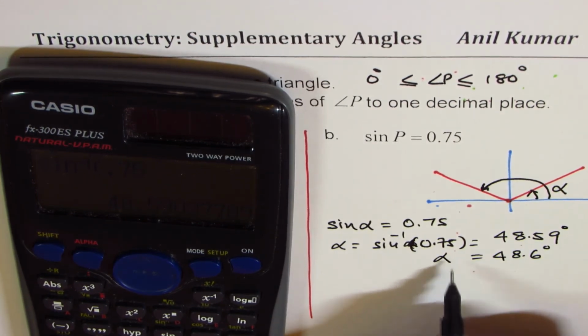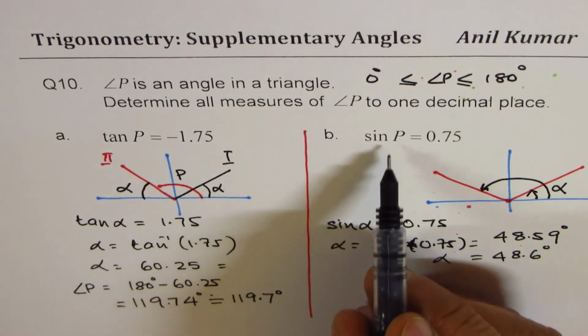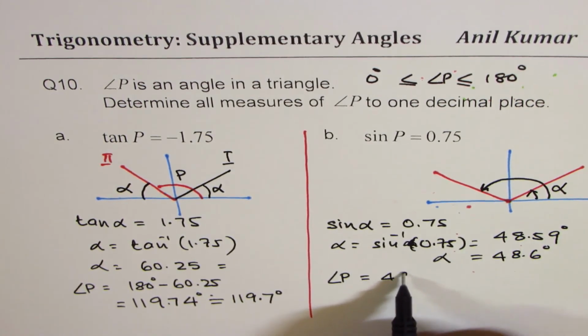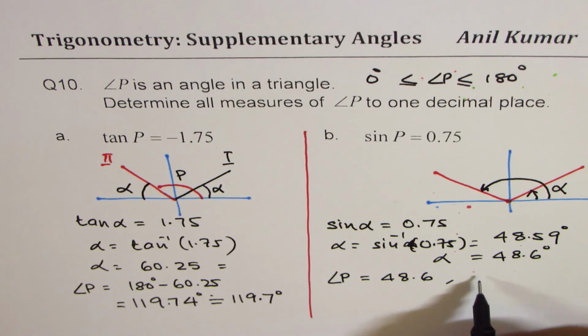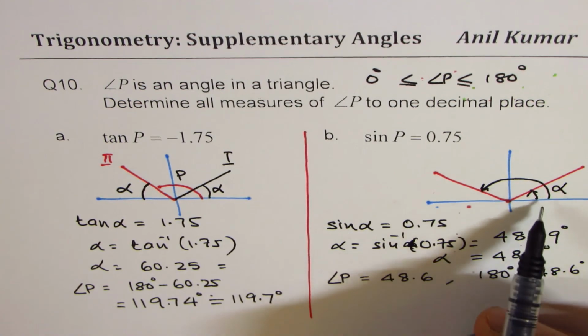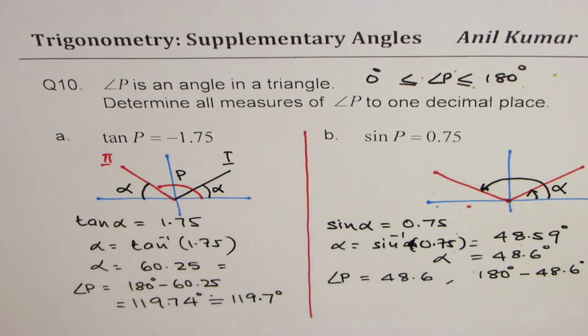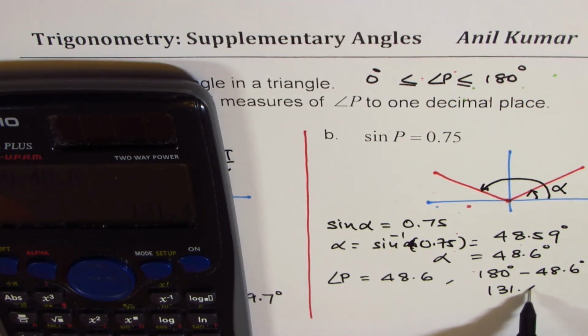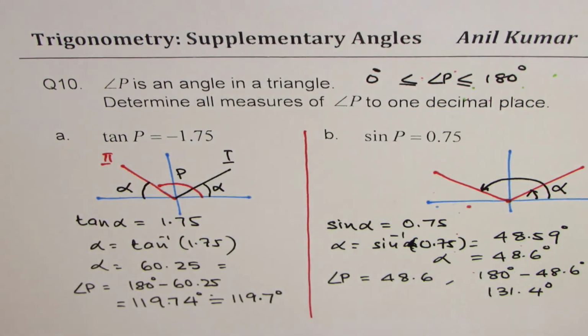So the measure of angle P will be 48.6 and also 180 degrees minus 48.6 degrees, since there are two answers for which you can get a positive value of sine P. So 180 minus 48.6 gives you 131.4 degrees. So we have two solutions: one is 131.4, the other one is 48.6.